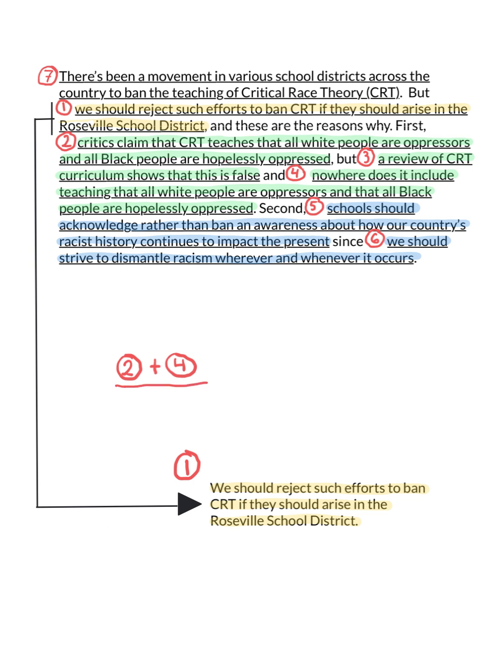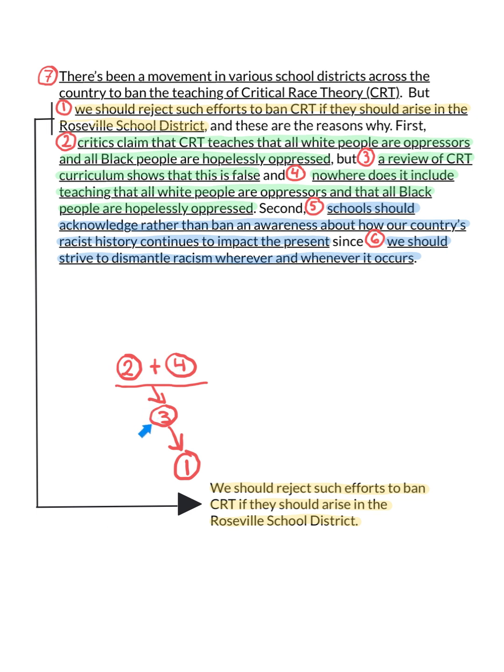So those two claims are linked to support claim 3, which says the critics are wrong about the CRT curriculum, which supports the overall conclusion. So these three claims, 2, 4, and 3, are logically connected.